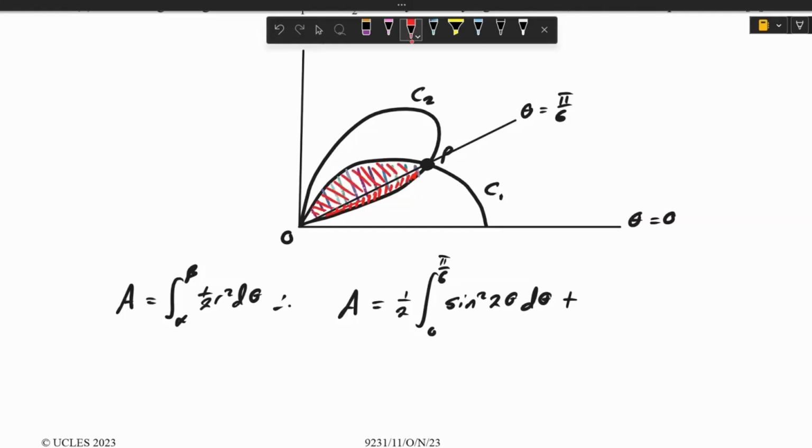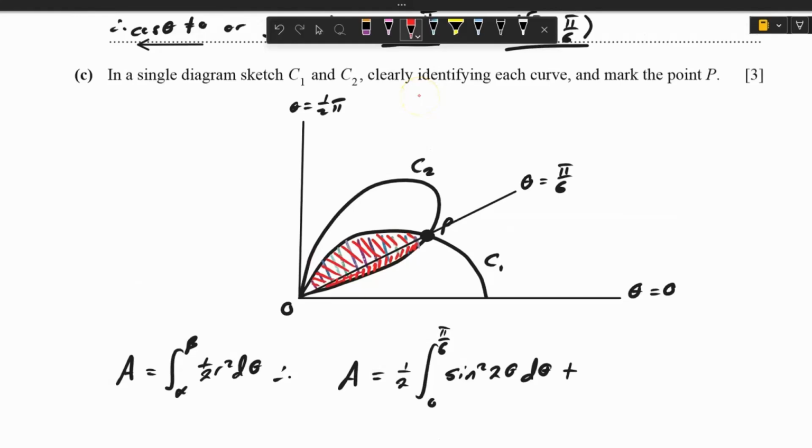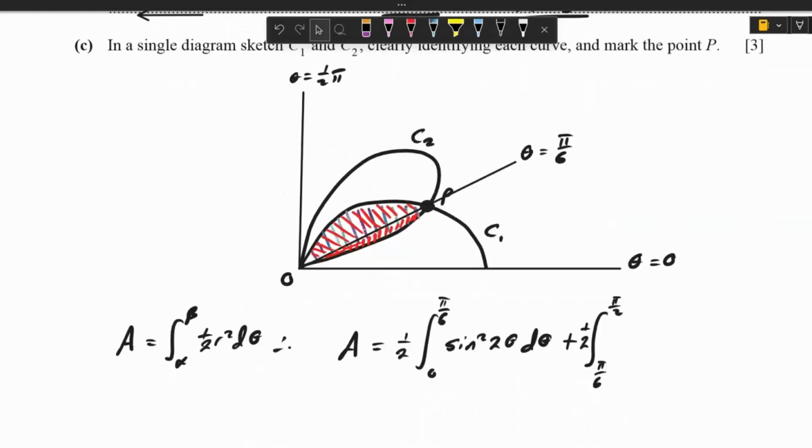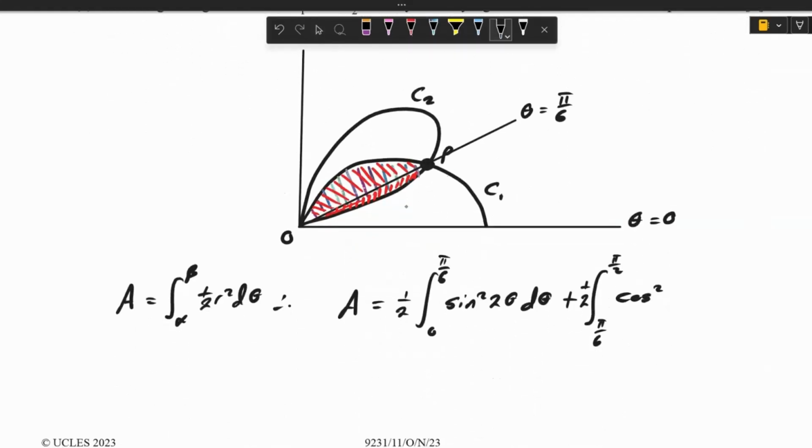This other area is bound by the curve C1 within the region pi over 6 to pi over 2. So I'm going to say plus the integral from pi over 6 to pi over 2, and I'll factor out the half, so I'll have the half outside like I did here. Here we know that the equation of the curve is r is equal to cos theta, so I'll say cos squared theta with respect to theta. So this is what we are working with.